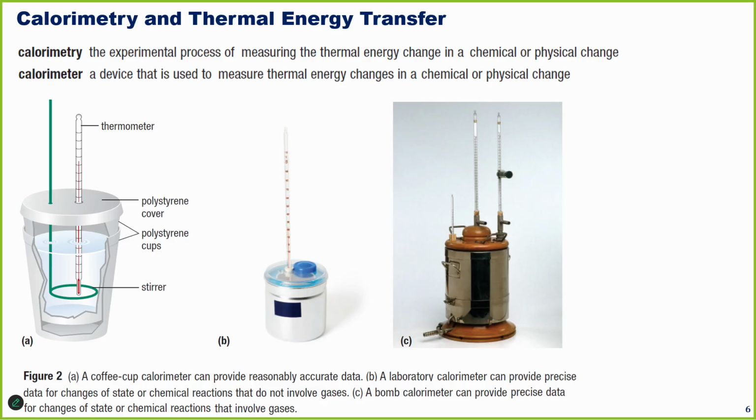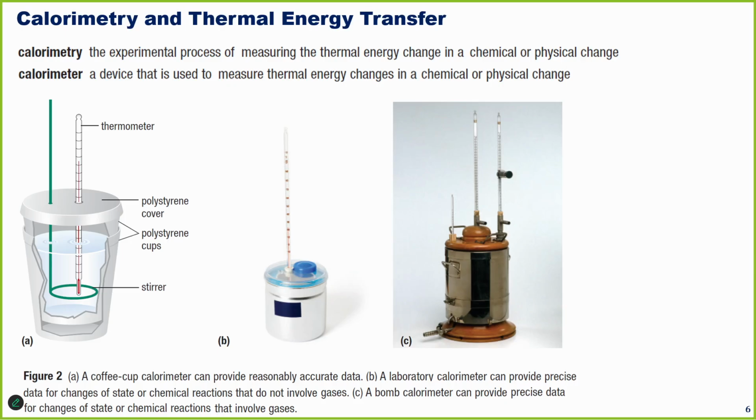The outer cup provides additional insulation. If you have ever kept a hot or cold liquid in a foam cup for a long time, you know that thermal energy eventually escapes. That is why more elaborate calorimeters are used, such as the model shown here in figure 2b, when precise measurements are required.